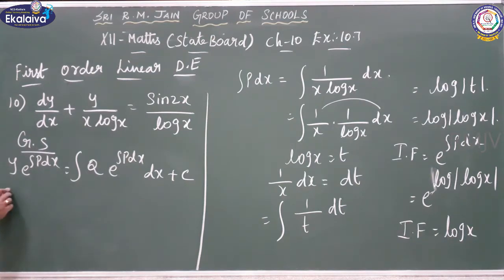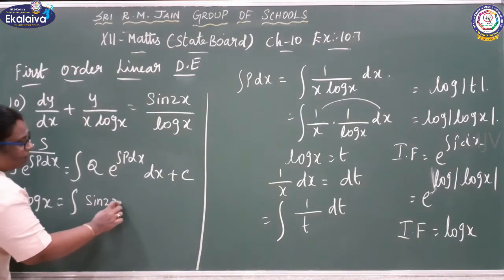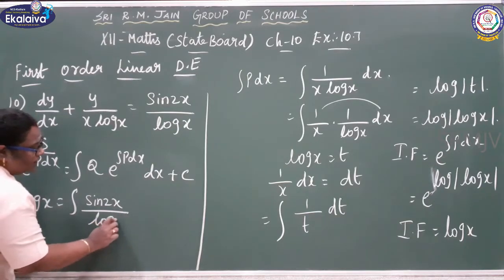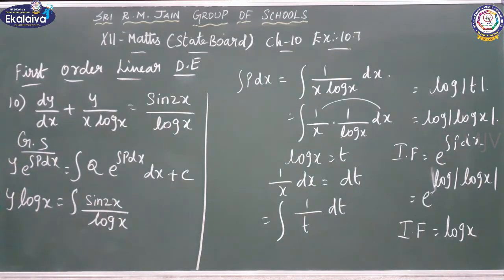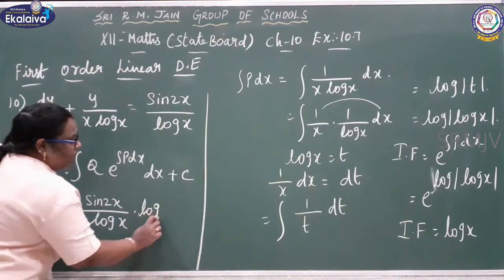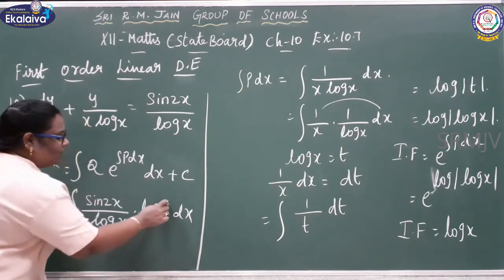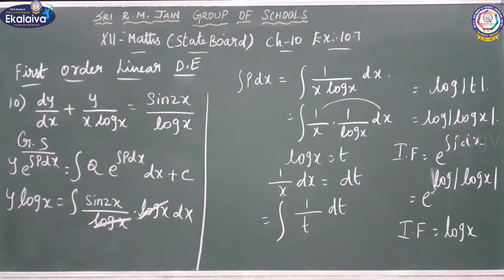So y into log x equals integral, where q is sin 2x by log x, into log x dx. Log x gets cancelled.